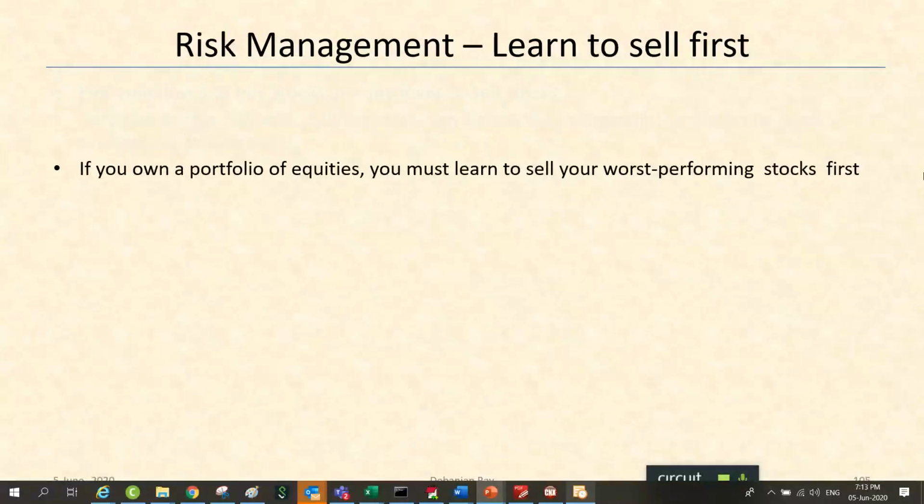Now you may have some 10 or 15 stocks in your portfolio. You may be wondering which stocks to sell, because many of them are showing technical sell signals. So take out the stocks which are not performing so well, and you start selling those. That will be your first priority, not the one which has already been very good.